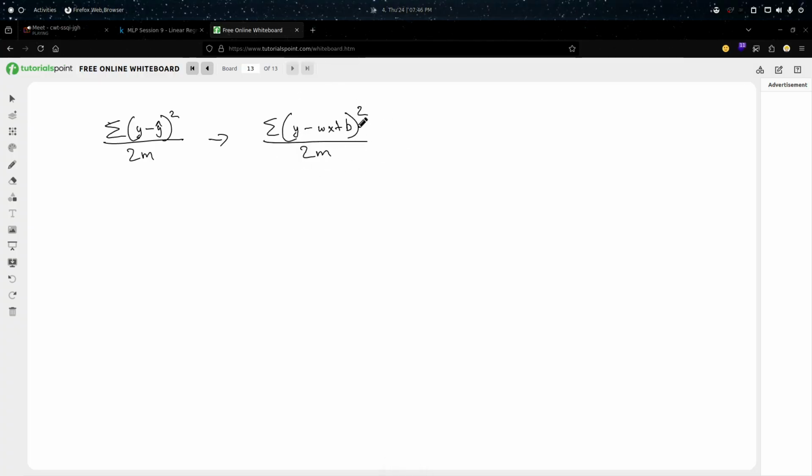Now if we take the derivative of this equation, this is J. If we take the derivative of J with respect to w, we get this value, summed over all the training examples.